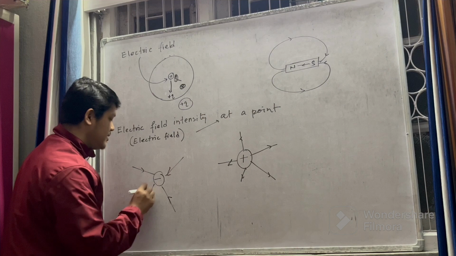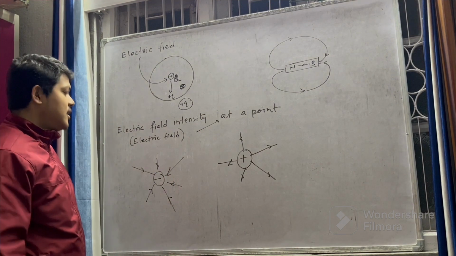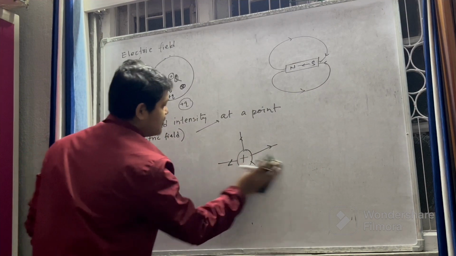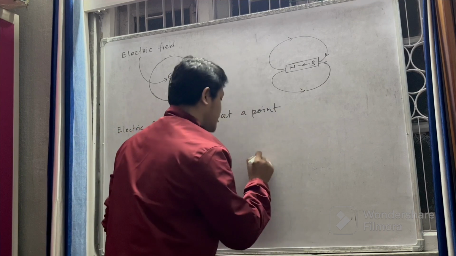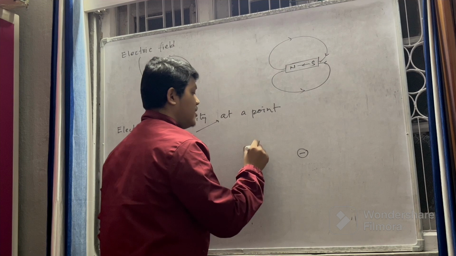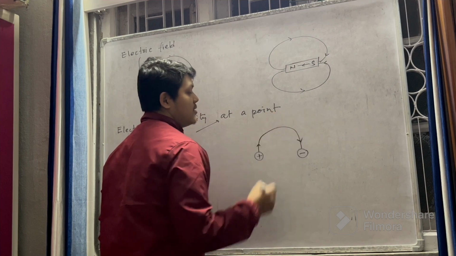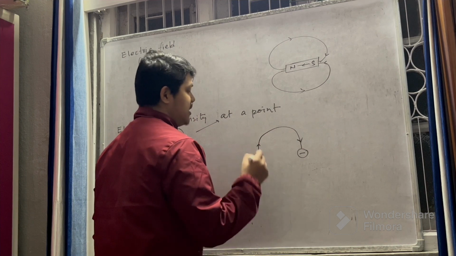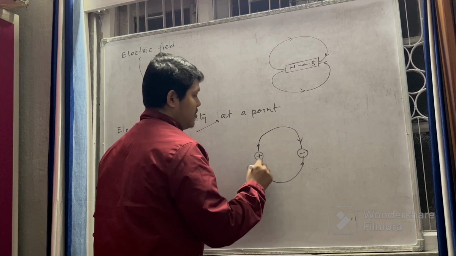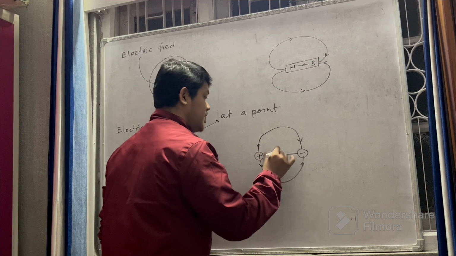Okay, radially inward, right? And if you have two charges, this is positive, this is negative, then the lines go radially outward from the positive charge and inward to the negative charge, right? Coming out of the positive, going into the negative, positive to negative.